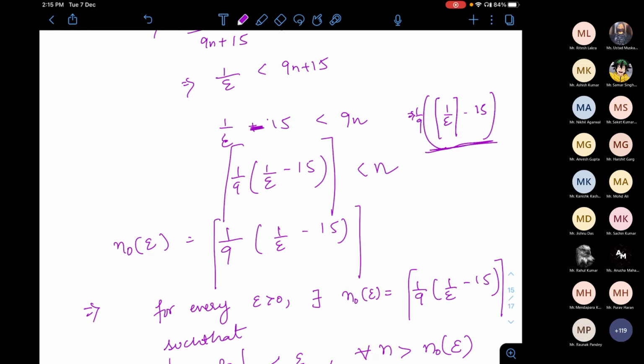Ma'am, in that question, our L was 0. That is why we were taking ceiling only on 1 by epsilon. I have to just make sure whatever the definition of n naught I am giving, it should be a natural number. Thank you. Always keep in mind that n naught, n are natural numbers.